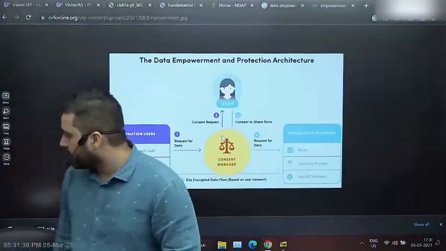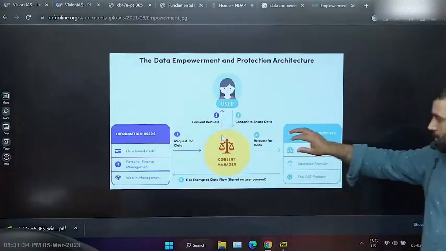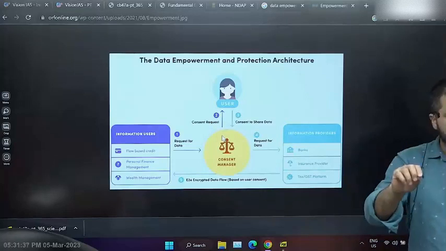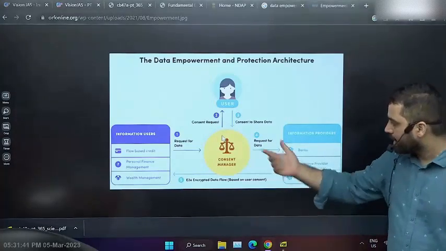The model of this entire architecture is that there will be an organization. By the way, it envisages first of all a new type of organization, and Niti Aayog calls it consent manager.